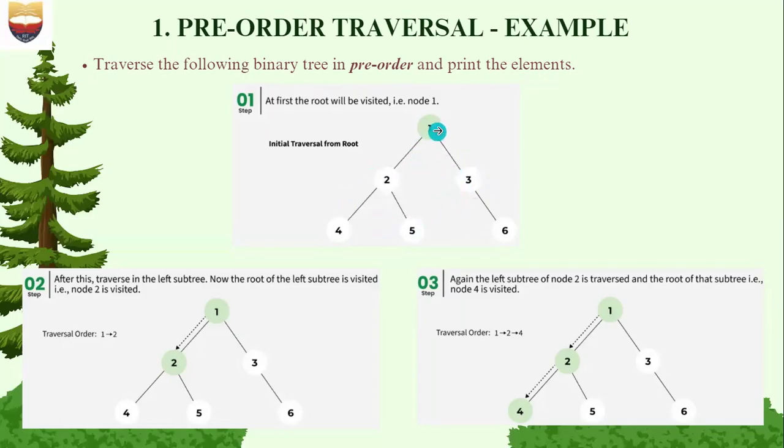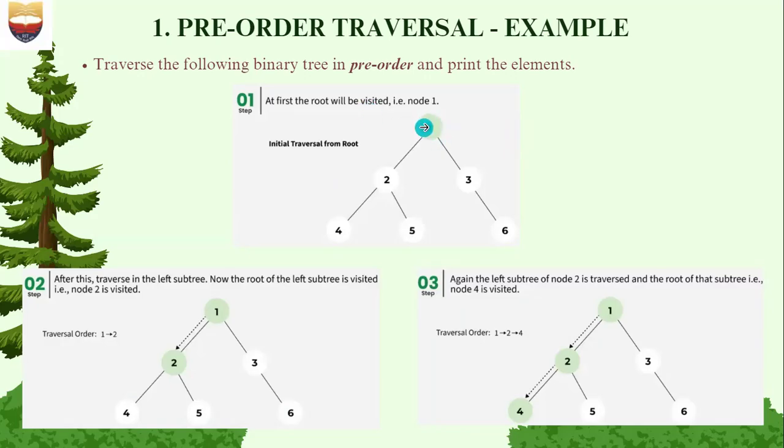And here the root node is 1, 2 and 3 are children nodes, and leaf nodes are 4, 5, 6, right? Let us start our traversal process from the root node, because here the three steps to be followed are visiting the root node, traversing the left subtree, and traversing the right subtree. Okay. So in the first step, we visit root node 1.